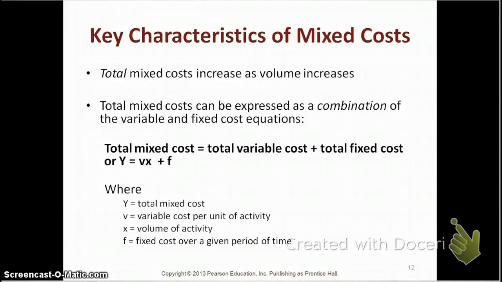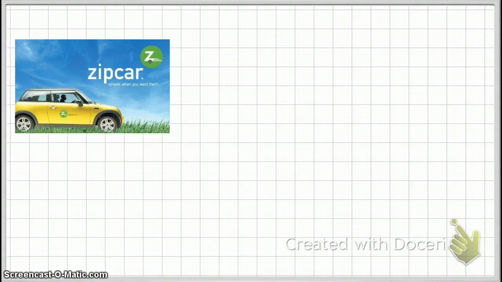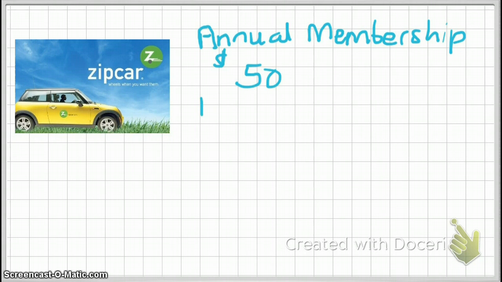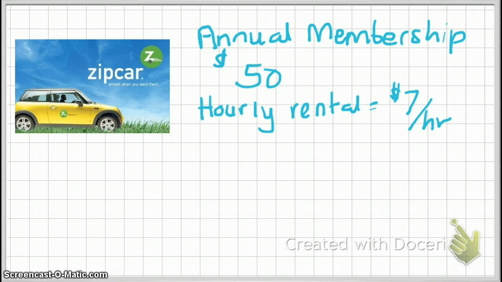Let's take a look at an example for mixed costs. We're going to take a look at the company called Zipcar, and the way Zipcar operates is that you pay an annual membership of $50, and whenever you want to rent a car, you pay $7 per hour, and you can use it to run your groceries or errands and return the car. They're a nationwide company.